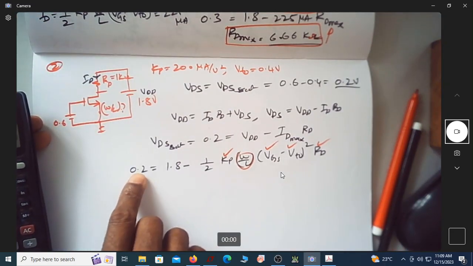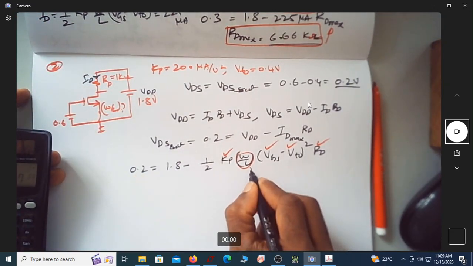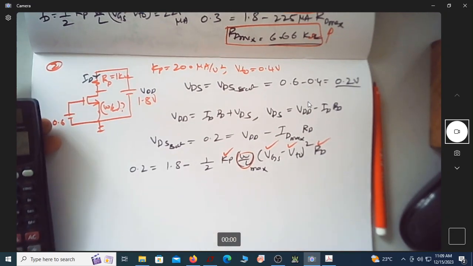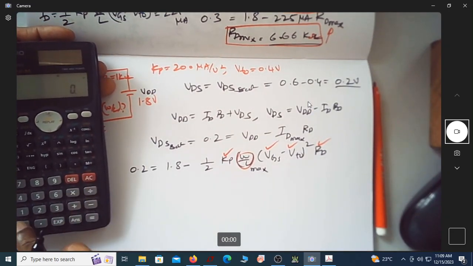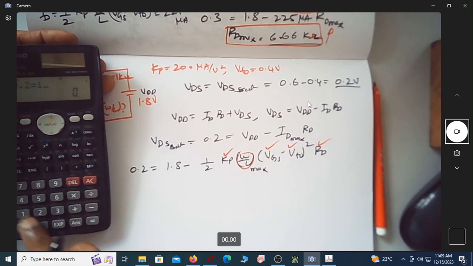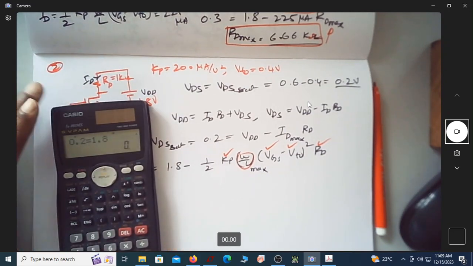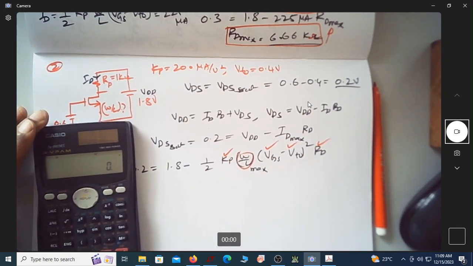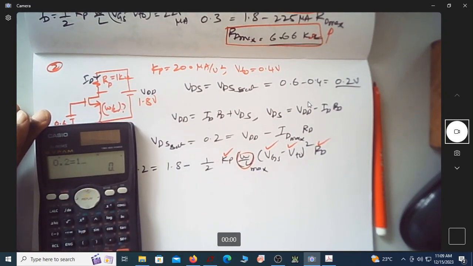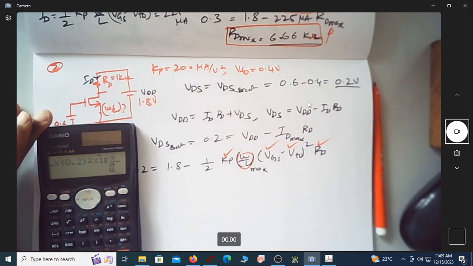So now when I substitute this as 0.2, this W by L becomes W by L max. So I will just do that: 0.2 alpha equals 1.8 minus 0.5 into 200 exponential minus 6 into the W by L to be found, into 0.2 whole square, into 1 exponential 3, because RD is equal to 1k.